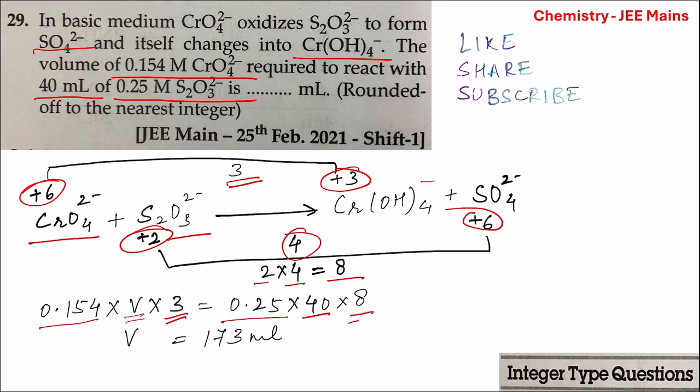So this is 8. So this is the valency factor. So M1V1 into valency factor is equal to M2V2 into valency factor. Solving, volume is equal to 173 milliliter. So here the answer will be 173.